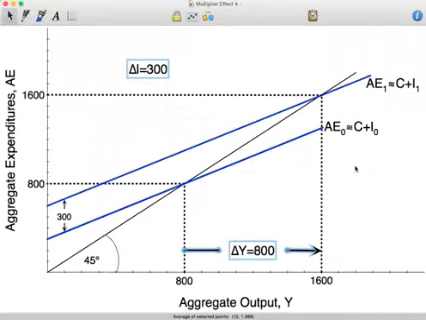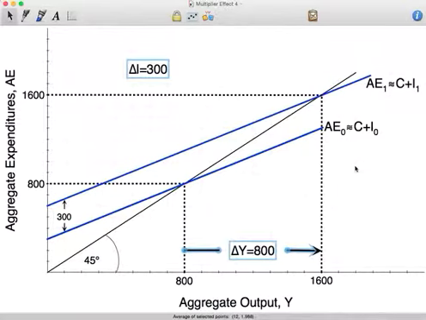If there's an autonomous change in spending, and in this example we are talking about an increase in investment by 300, that increase in investment by 300 will actually cause a multiple increase in income. As you can see here, that $300 increase in investment causes incomes to go up by 800.